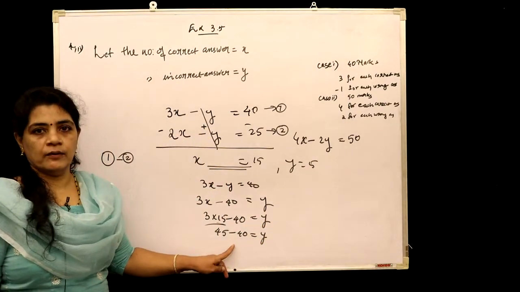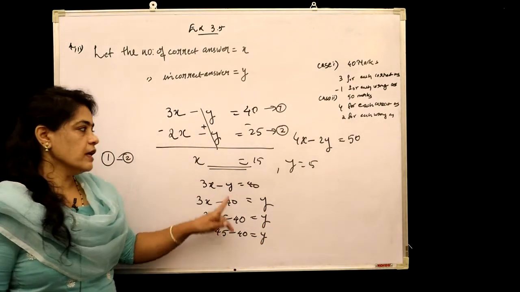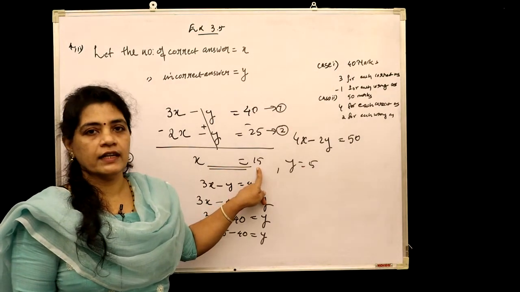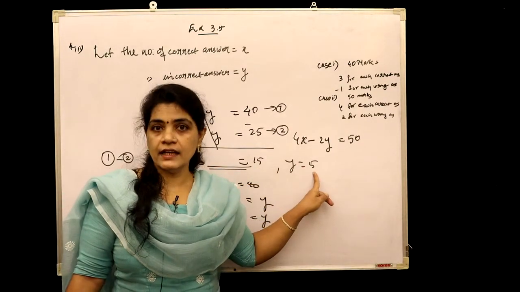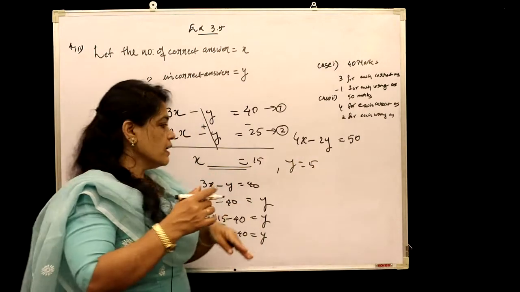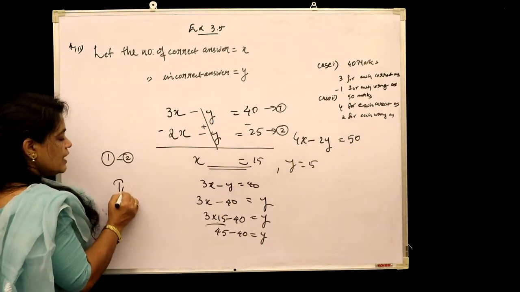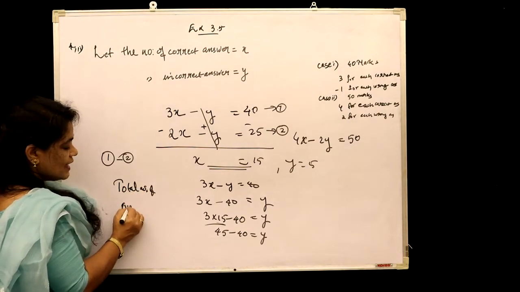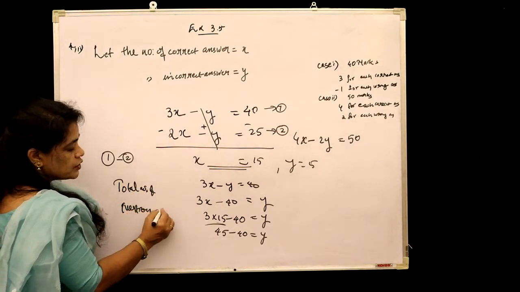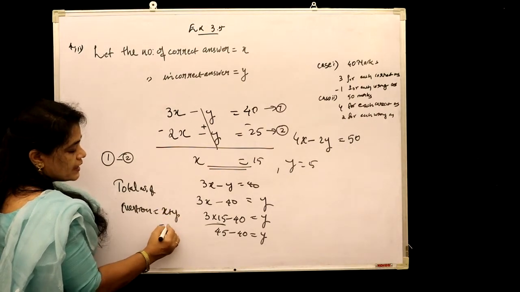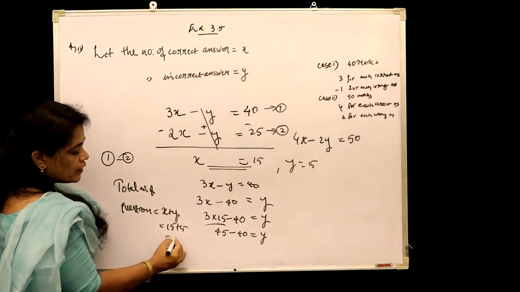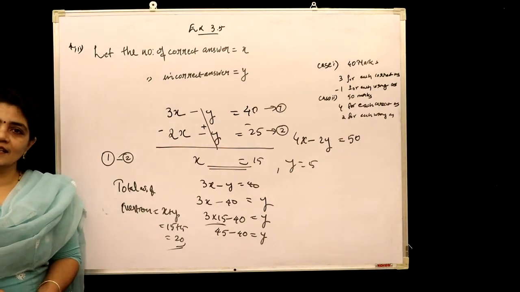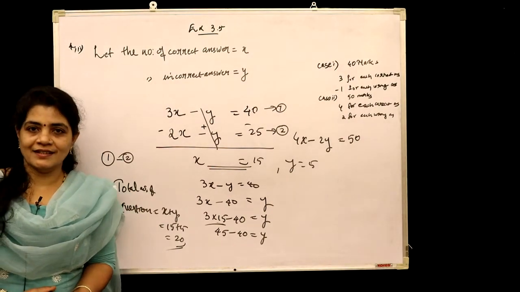That means we have taken x for the number of correct answers plus the number of incorrect answers, the sum will give you the total number of questions in that test, which is x plus y, that is 15 plus 5, that is 20. So the number of questions in that test was 20.